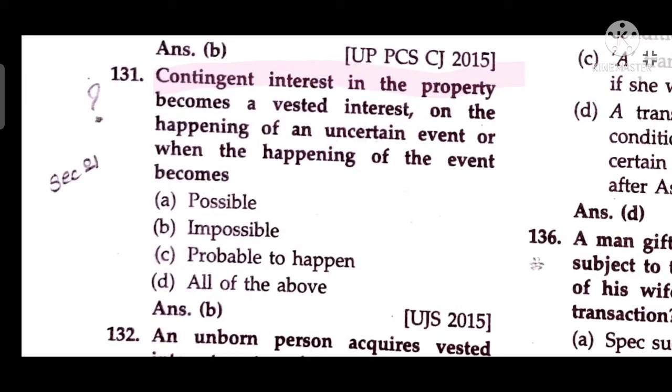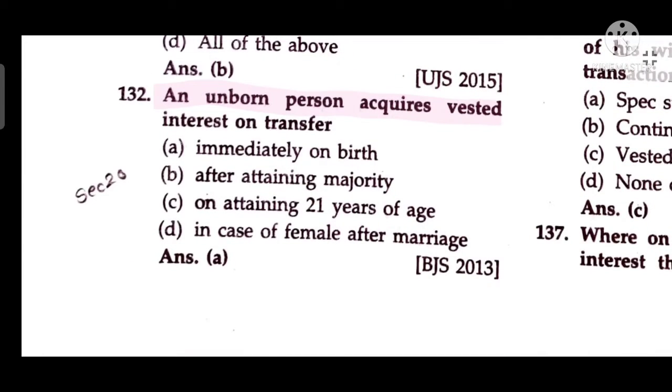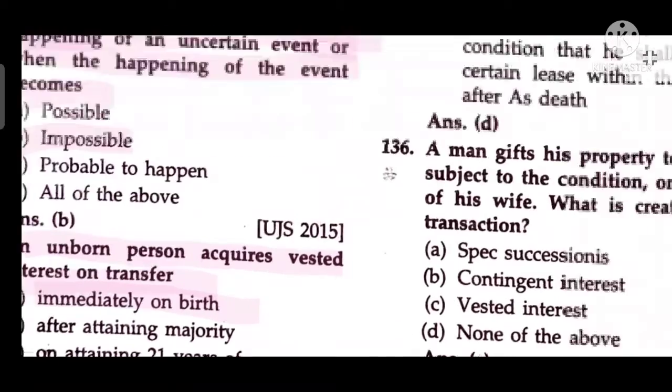Contingent interest in the property becomes vested interest on the happening of an uncertain event or when the happening of the event becomes impossible. An unborn person acquires vested interest immediately on birth.